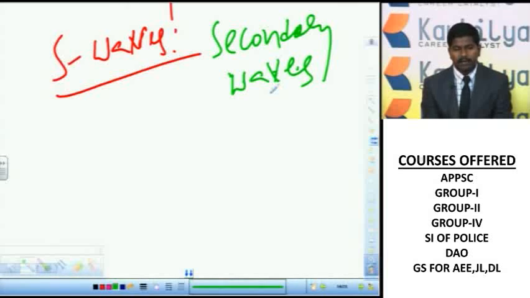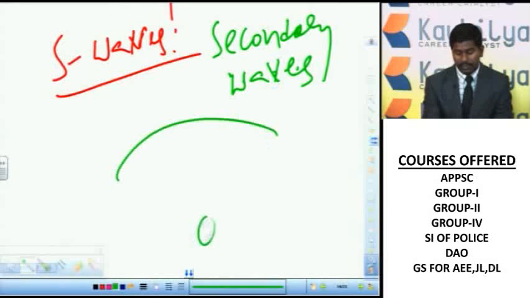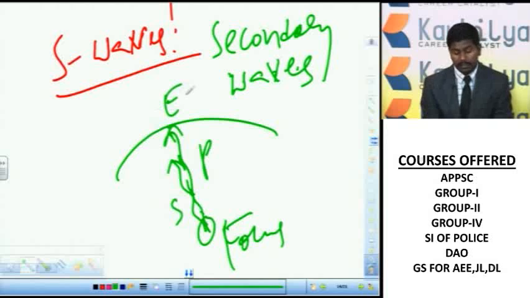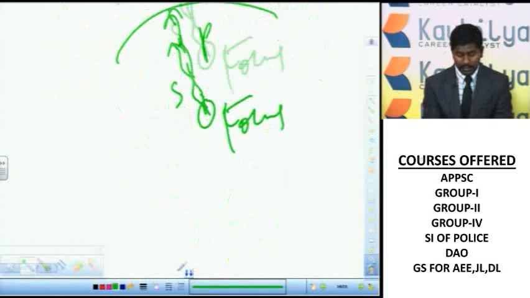They are called secondary waves because they reach the epicenter from the focus after the P waves. Once the P waves reach here, then the S waves start, and they also reach the epicenter. That's how these are secondary waves, and S waves are the second fastest waves.